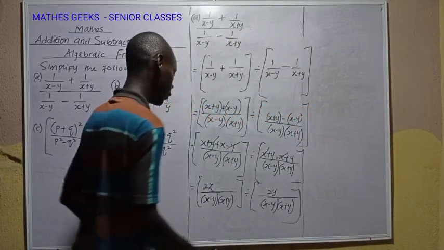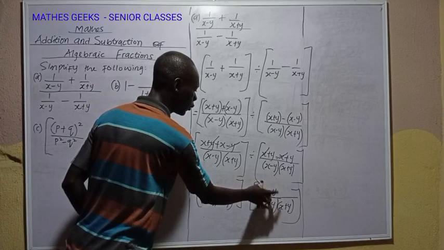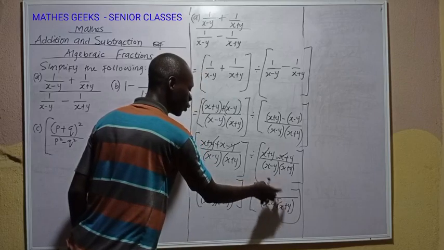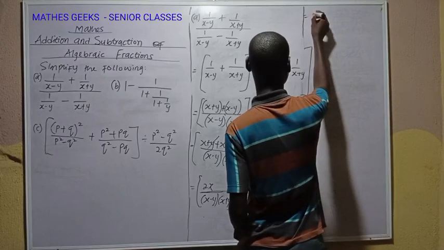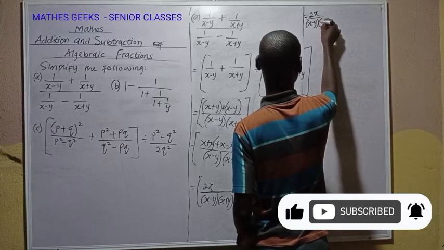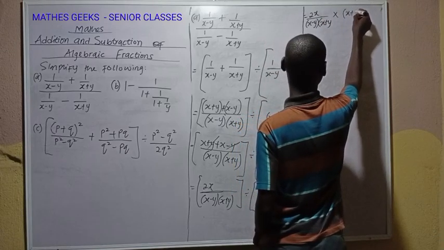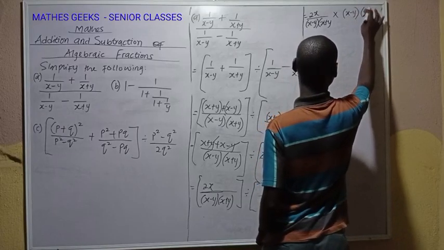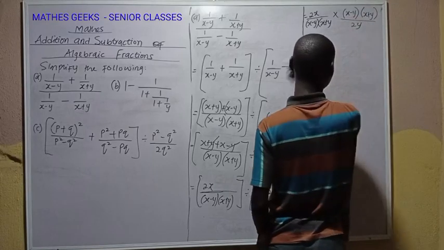Okay, so at this point we change our division sign to multiplication, and then this part will be flipped. This denominator will become the numerator. The numerator will go down to become the denominator. So 2x over (x minus y)(x plus y), times (x minus y)(x plus y) over 2y.